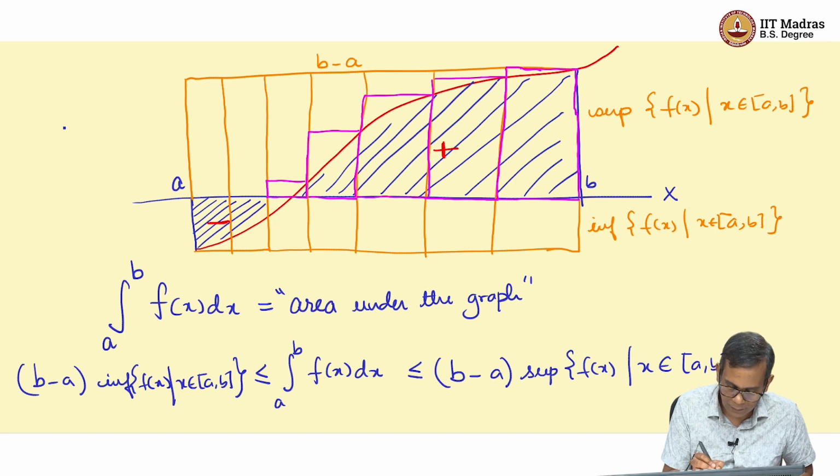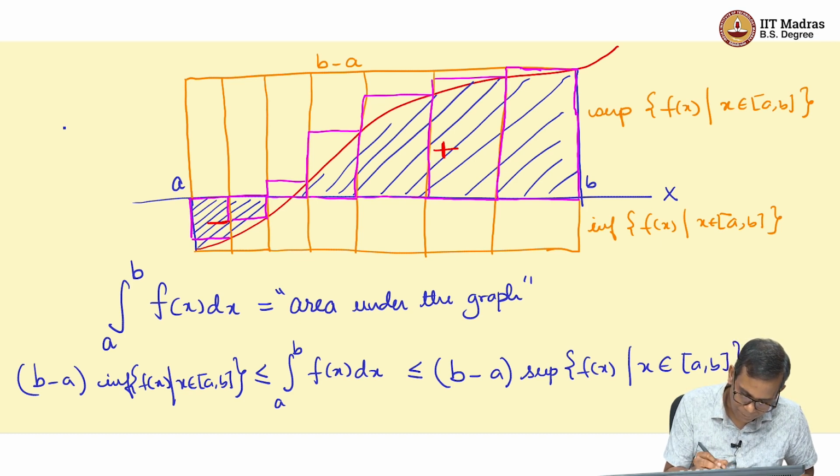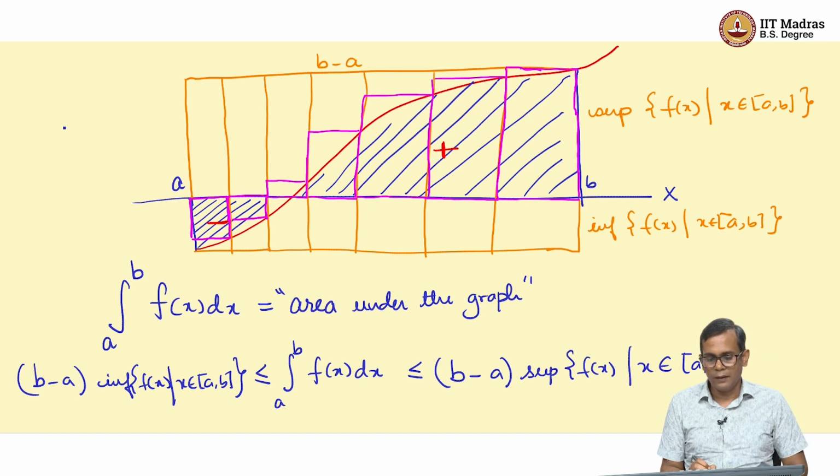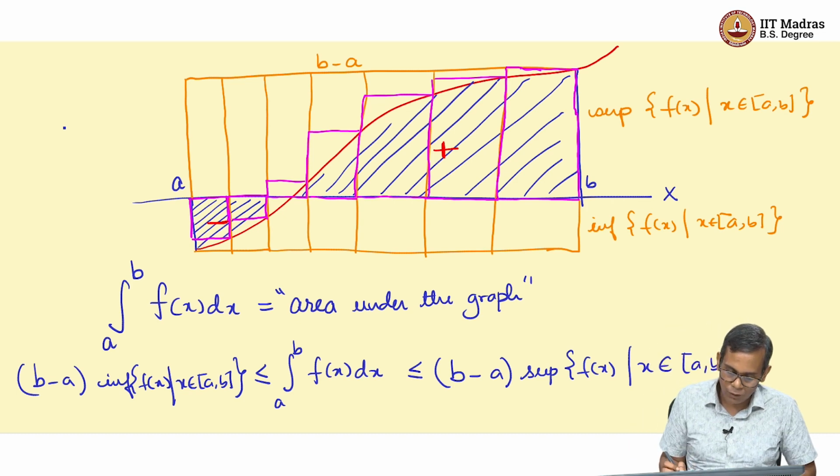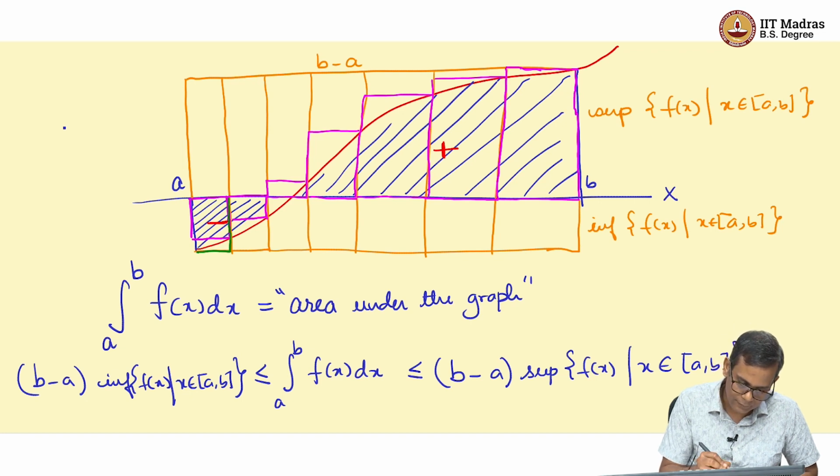I should be taking the largest value, but now this area will come with a negative sign, and then this. So the signed sum of areas of these rectangles will be an upper bound for the area that I'm looking for. And I can similarly find a lower bound by these green rectangles.